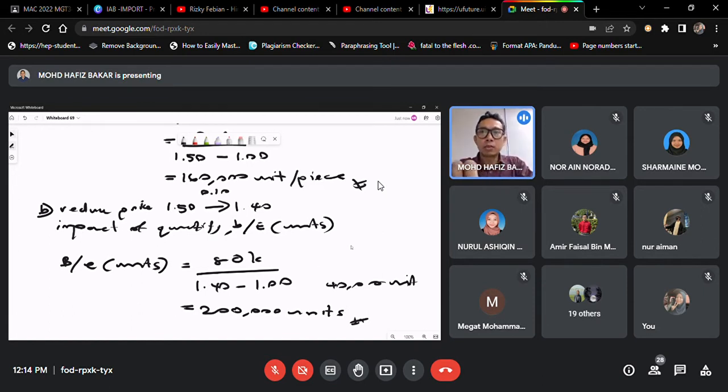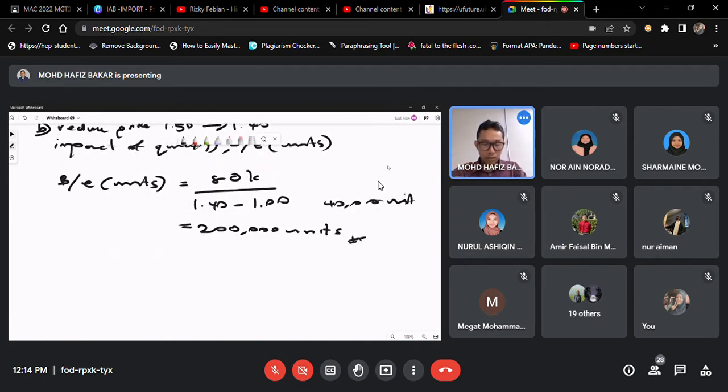Okay, so go back to the question. Question C. At the price of RM1.40, how much operating income will the company have on sales of 250,000 and 500,000 units of chapati? So they have two conditions. Let's say they use price RM1.40. Okay, so they want to look at the impact.